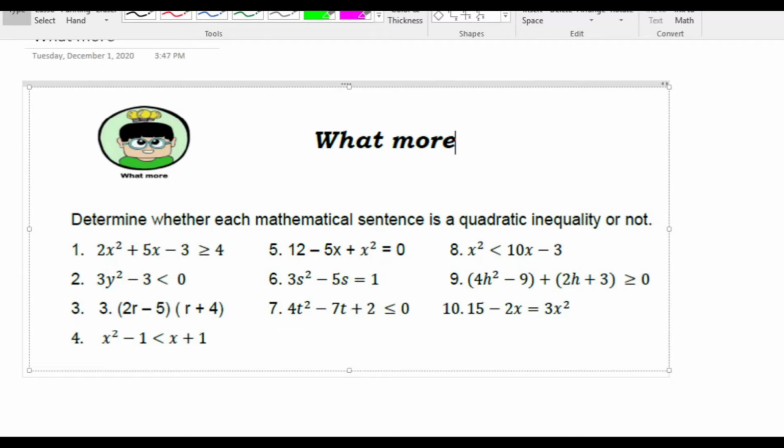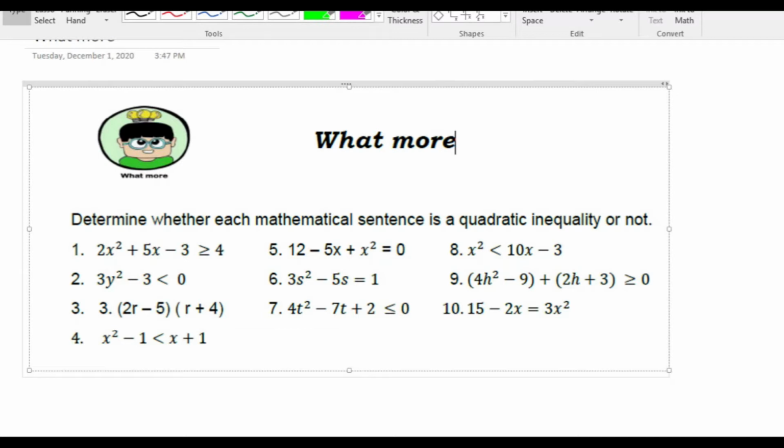If you know the answer, you can pause this video and type your answers. Just type your name, then your section, and then your answer. Your answer may be quadratic inequality or not. Or you can write QI if it is a quadratic inequality, and not if it is not.